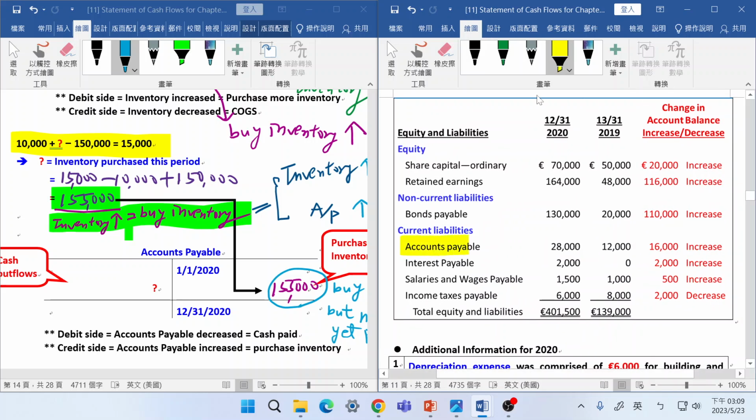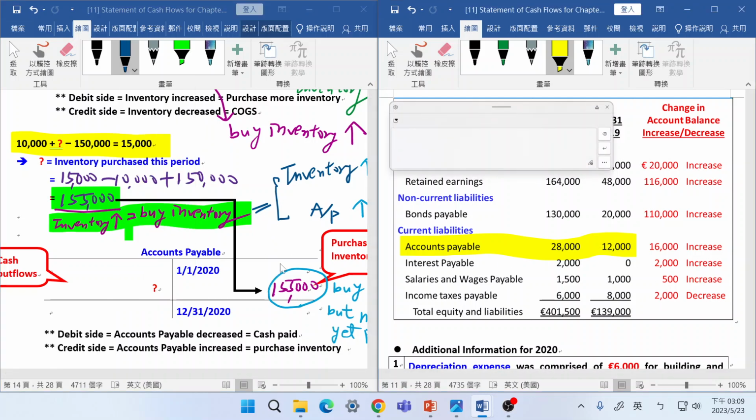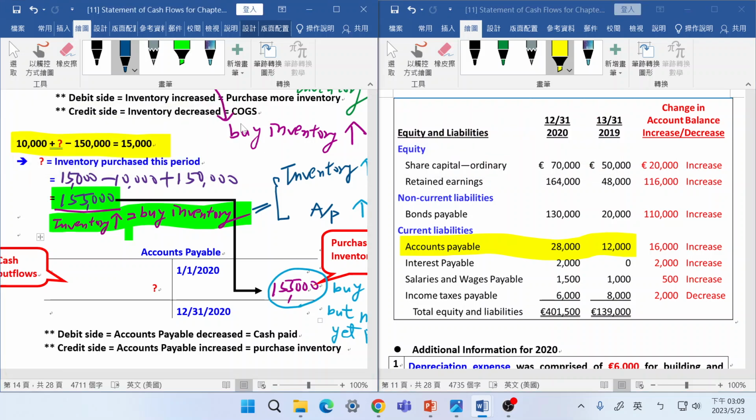I know the beginning and ending balance, so you just write down the number. Beginning $12,000, ending $28,000.